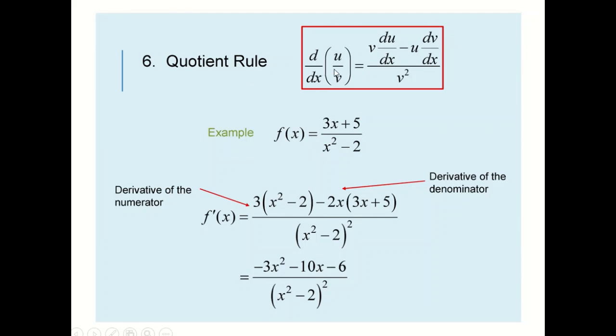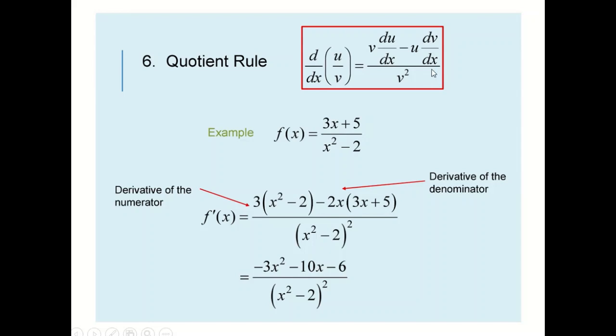Then we take du/dx, the differentiation of the upper function, which is 3, so we put it here. Minus, which is here.